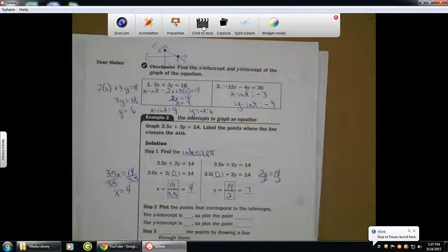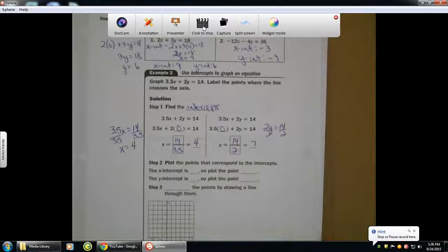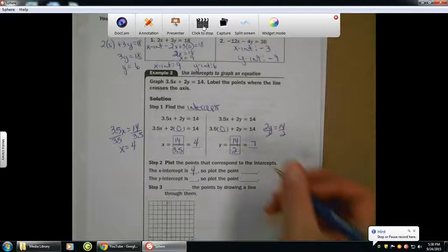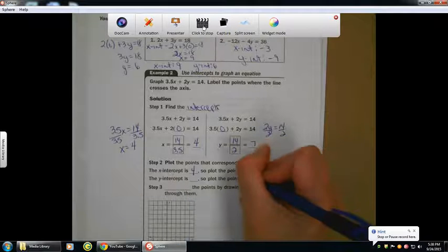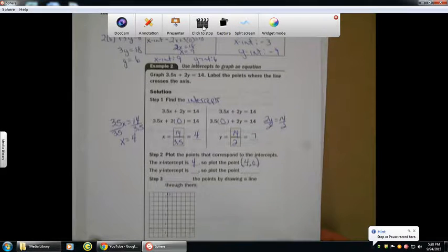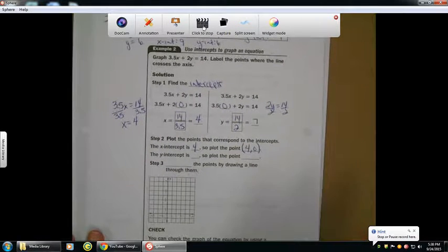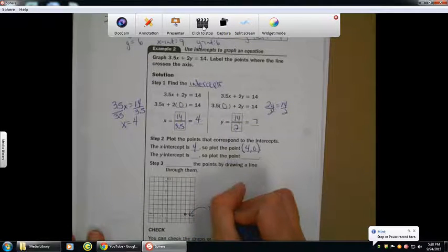Down below, we're going to graph it. My x-intercept is 4, so therefore it has to be on the x-axis. My ordered pair is 4, 0. I'm going to plot that on the graph below, 4, 0, and label it x-intercept.